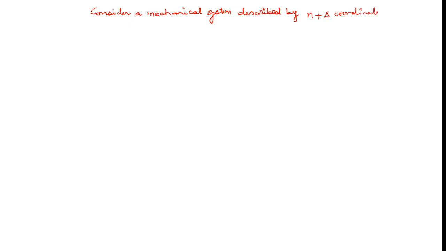You may also take n coordinates. I am taking n plus s just to give you a clear differentiation between the role of cyclic and non-cyclic coordinates. So as it is described by n plus s coordinates, that means your system of particles is described by n plus s coordinates.